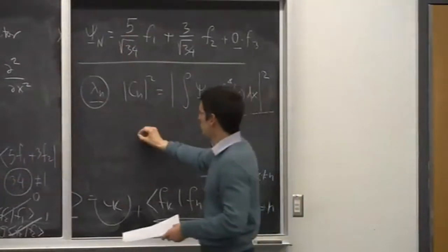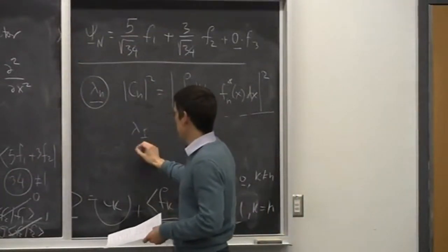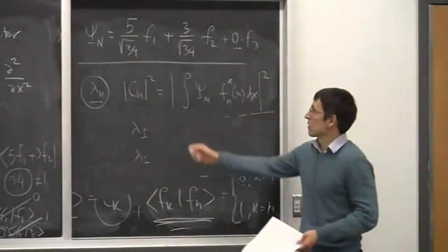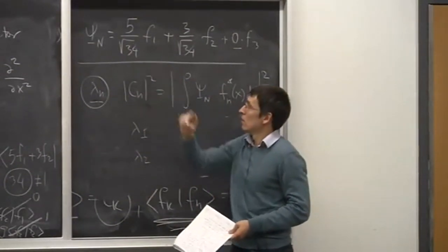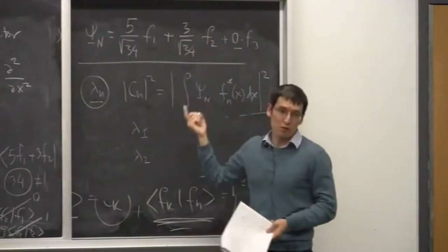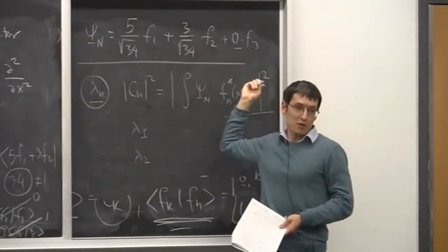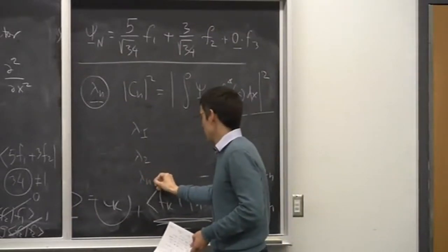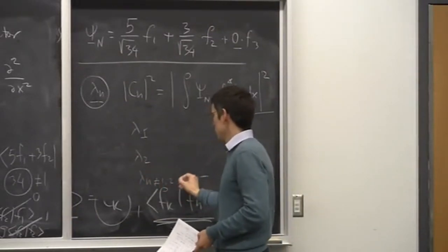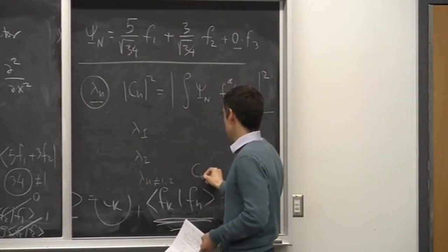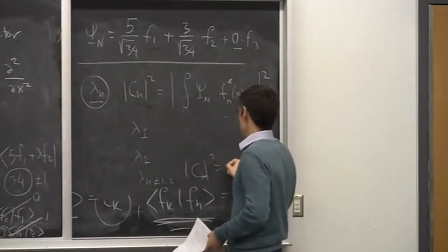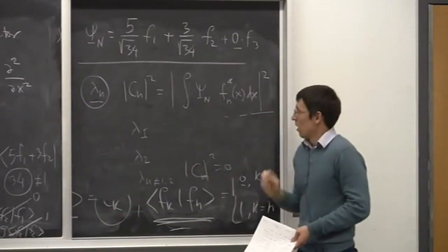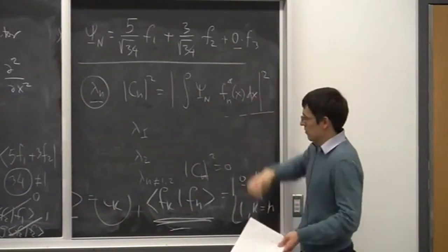So the only two results of the measurement will be lambda 1 and lambda 2, because the coefficients in front of f1 and f2 are non-zero. The other coefficients are all 0. So for a result of lambda n, where n is not equal to 1 or 2, the probability will be 0, because there is no f3, 5, or 6, right?